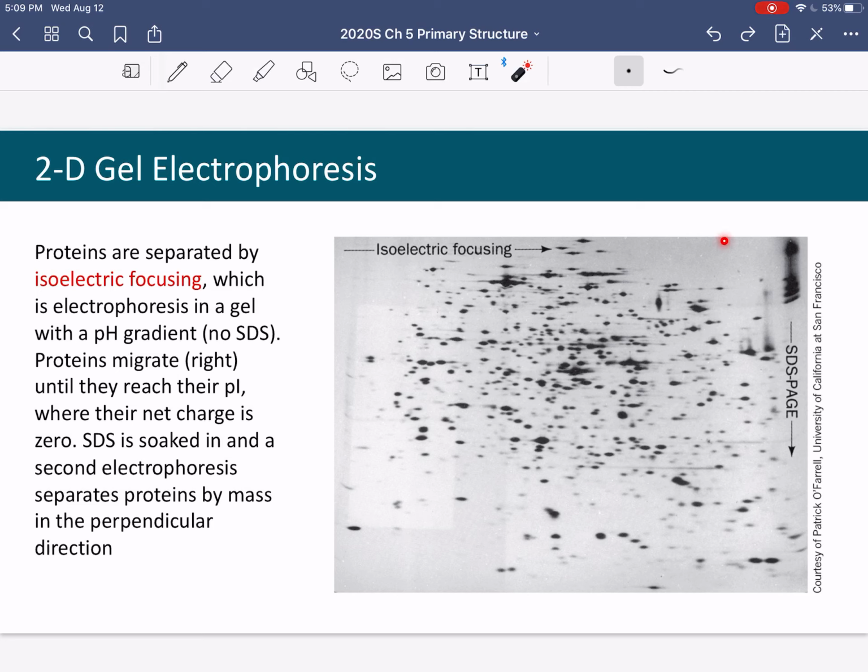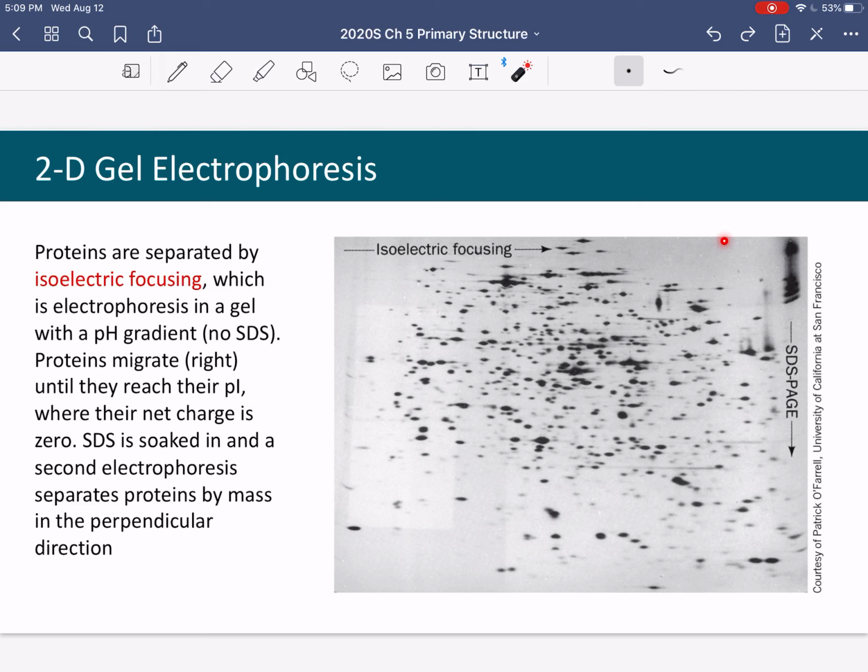That is, when they reach the pH at which the net charge of their polypeptide is 0, and then they stop. And then you can add molecular weight markers to this end of the gel and soak the gel in SDS and run it again with the anode down here and separate the proteins in the second dimension.